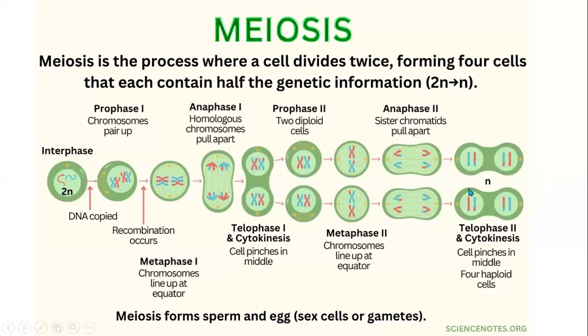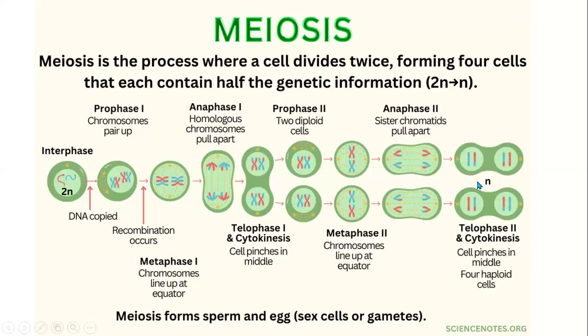And what is unique about it is that the daughter cells have half the number of chromosomes as those of their parent cell. You can see in the beginning, the parent cell had 2N, where it was diploid, and then eventually the daughter cells are haploid. They have N. So it means that they have undergone meiosis.